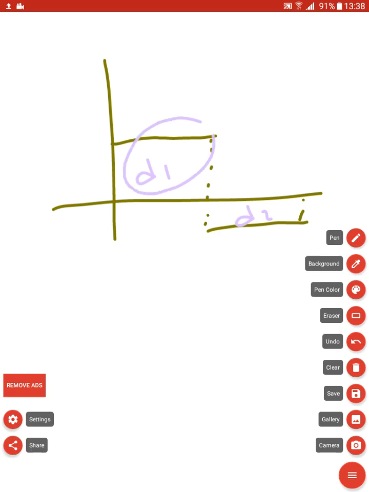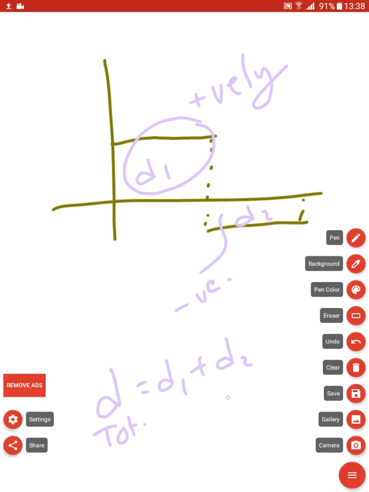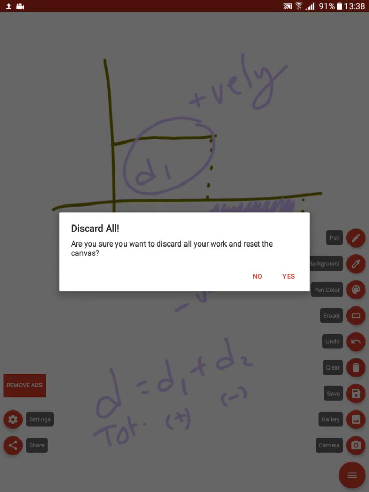The displacement in the upper part is a positive value, and the displacement below is a negative value. So for the total displacement, you add d1 and d2 using the signs with the values. Why? Because here the object moves in the opposite direction.